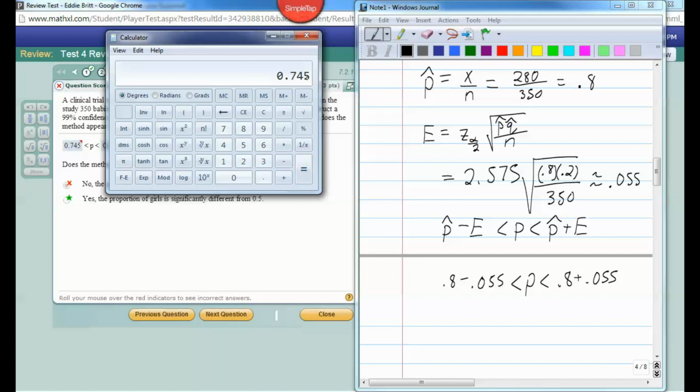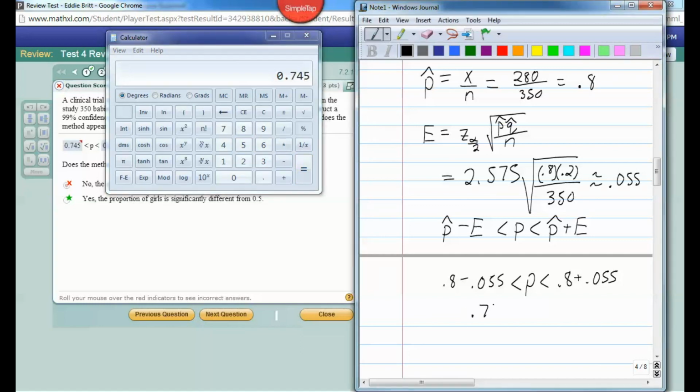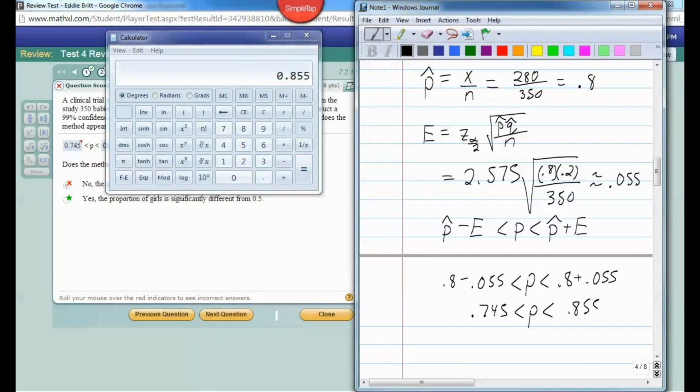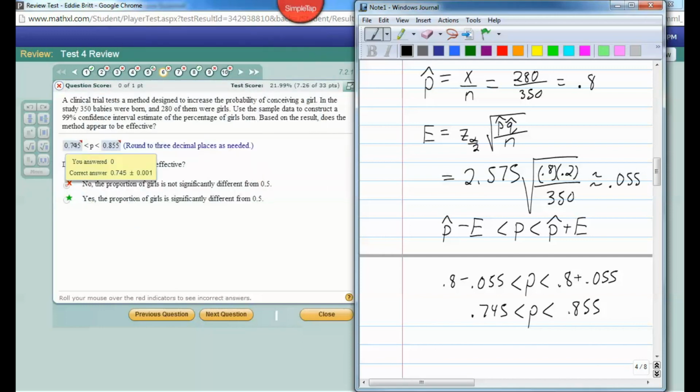So I have 0.745 is less than p is less than 0.855. Alright, so 0.745 to 0.855. Does the method appear to be effective?